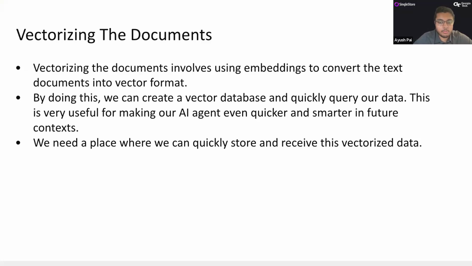This vector representation is crucial in enhancing the performance of our AI agent. It makes it more responsive, and it can really enable the AI to quickly identify patterns. To facilitate this, a suitable storage solution is required to house the vectorized data. The storage must be capable of handling high-speed data writes and reads, and serve the vectorized data effectively to the AI agent when needed.